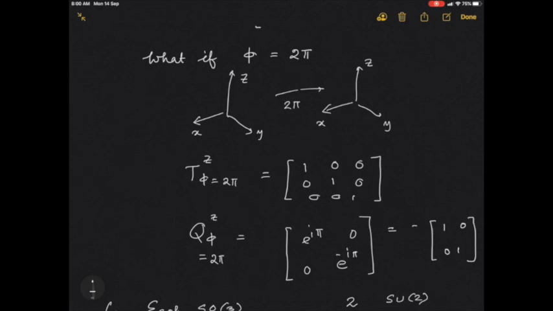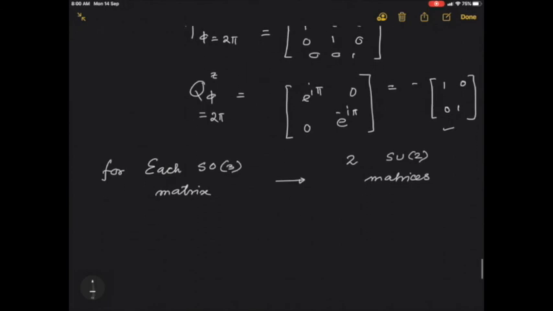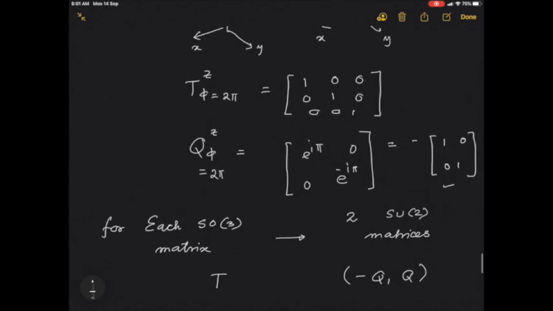So what do I mean? I mean that if phi equals 0, I get the identity matrix here in SU2, and if phi equals 2 pi, I get minus the identity matrix. So for each SO3 matrix, say T, I have to identify both of this Q and minus Q as the same.